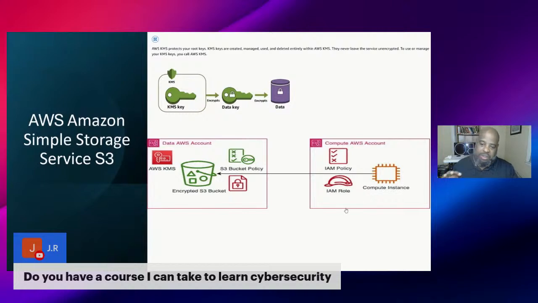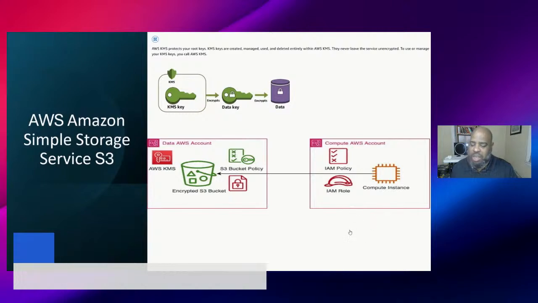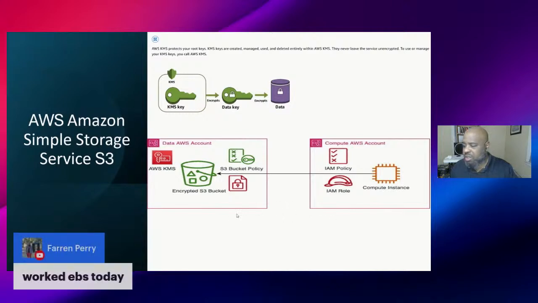Red team, which is hacking, threat hunting. Blue team, we kind of defend. Purple team is kind of application security, JR. Let me know which ones you wanted to jump into. Worked EBS today. That is cool. Let's keep going.